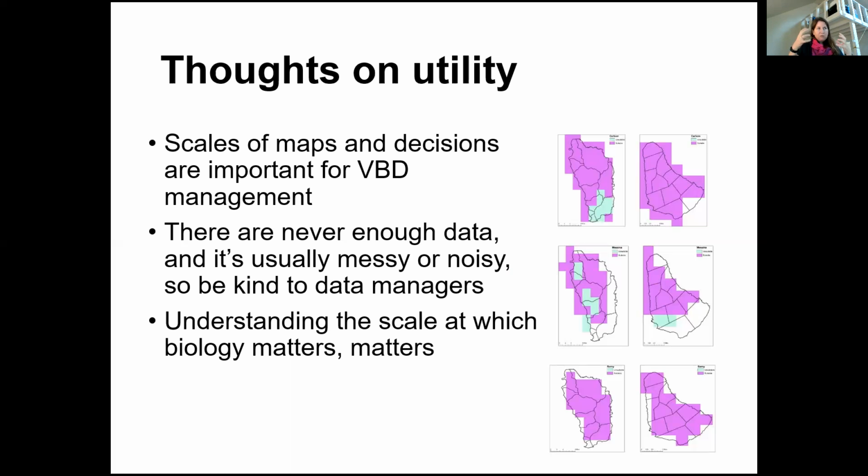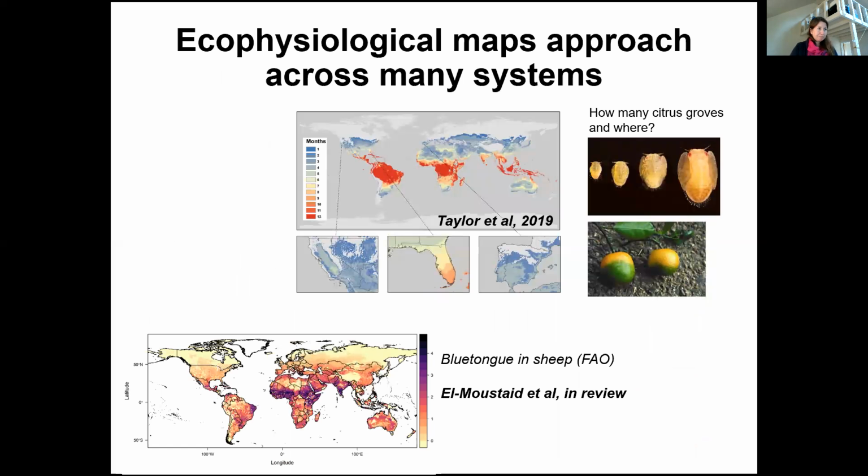When we think about the scale at which intervention takes place in terms of vector-borne disease prevention, the biology of what is going on in the environment is really important. I would even add that the behavior of people in the environment is going to be really important.